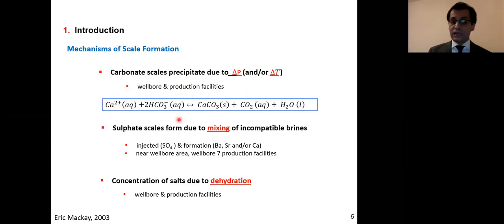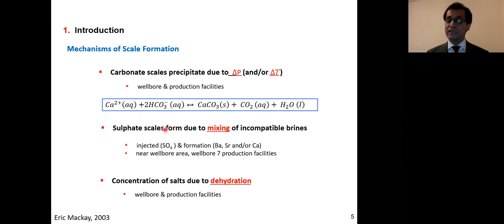As you can see in the reactions, we have a stream of water coming from the reservoir into the wellbore. Around the wellbore, due to pressure differentials, some CO2 is evolved from the water stream and the pH of the solution is increased. As a result, calcium carbonate scale is formed around the wellbore.